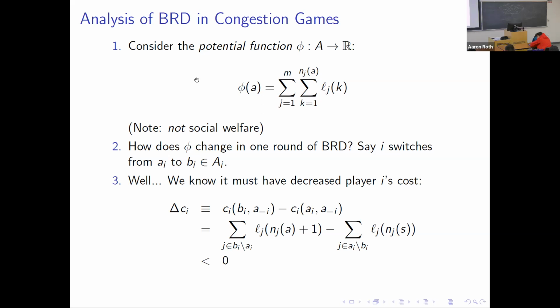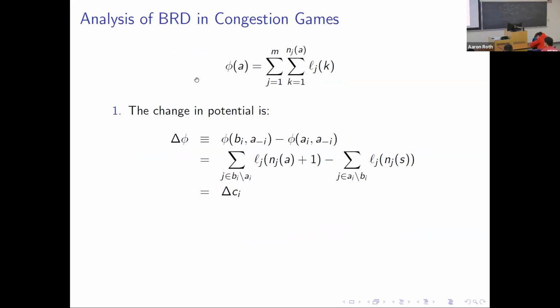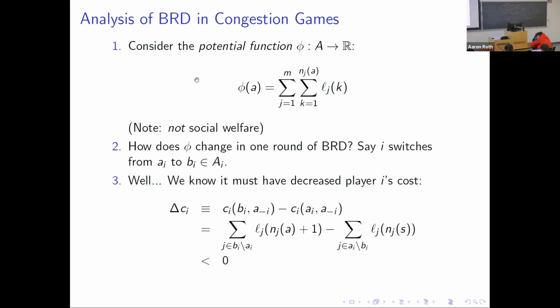Such that when there's a new n plus one, there's a new term being added to the sum. Exactly. You can figure out what the change in cost to a player is, and it's this.